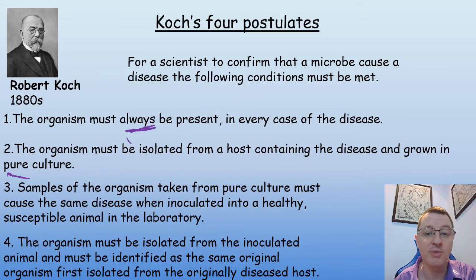Samples of the organism taken from a pure culture must cause the same disease when inoculated into a healthy, susceptible animal in the laboratory. 4. The organism must be isolated from the inoculated animal, and it must be identified as the same original organism first isolated from the original diseased host. If those 4 postulates, 4 conditions are met, then you can confirm that a microbe causes a disease.